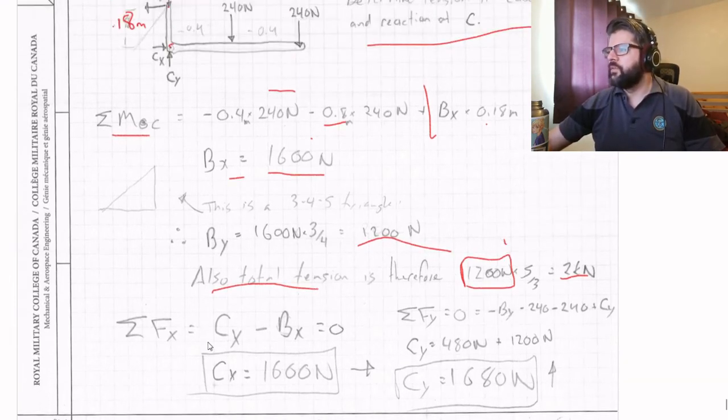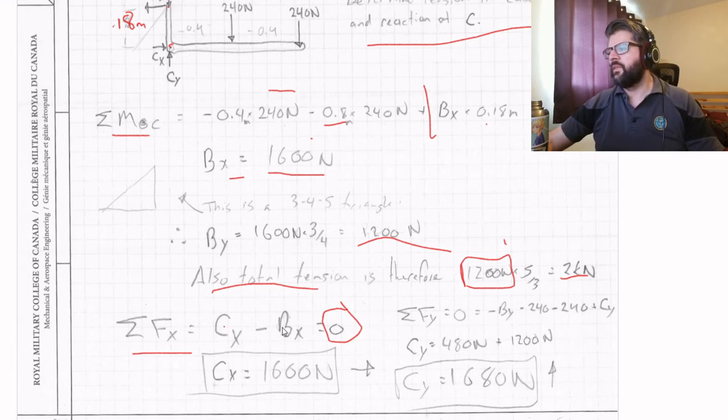Next thing to do, well, we've already taken a moment, so that's one equation down. Let's use up one of the other equations. The sum of forces in the x direction is going to be equal to 0. The only forces in the x direction that we have here are the reaction at C and the tension component Bx.